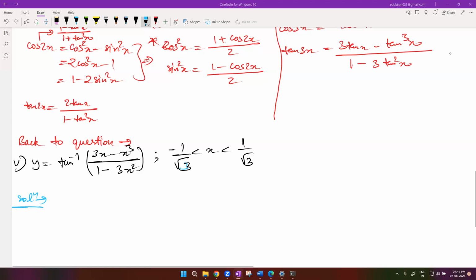So you have to proceed by keeping two things in mind. First, we have to find the correct formula, and second, check the validity of that formula. The validity is that it must reduce the given expression. If it's not reducing the given expression, then it is of no use. So in this case, if I replace x with tan theta, then theta is tan inverse x.